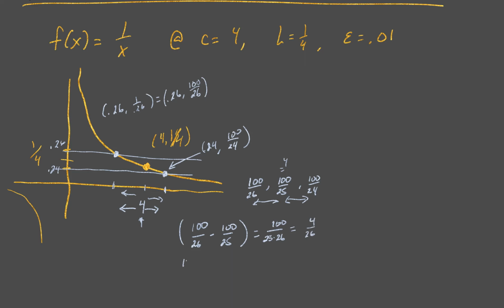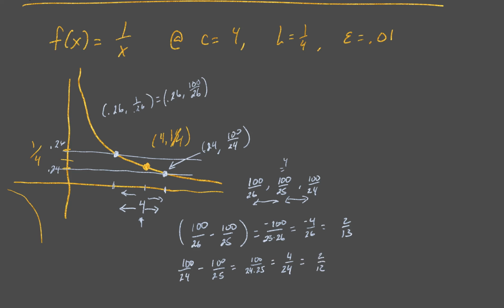Similarly, 100 over 24 minus 100 over 25. This will be negative actually, but we're just worried about absolute values. This is going to be 100 over 24 times 25, so that is 4 over 24. So this is 2 over 13, and this is 2 over 12, because that'll be easier to compare.